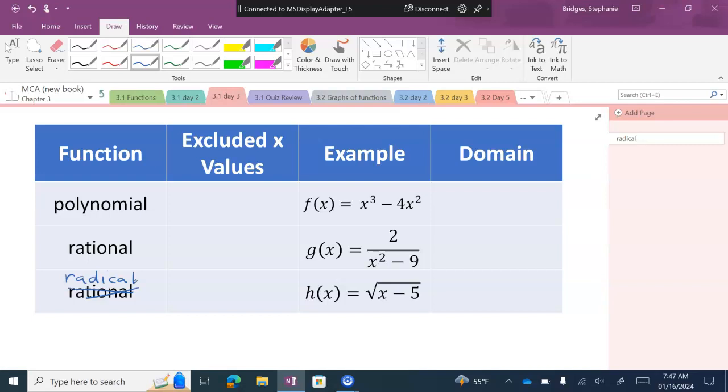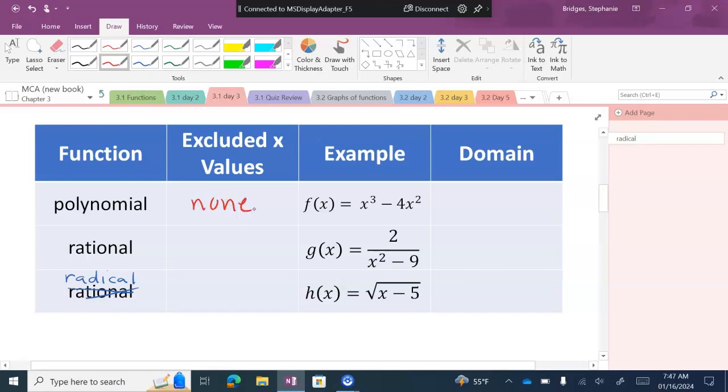Do I have a fraction there? No. Do I have a radical there? No. So what that means is if there is no fraction for me to get zero in the denominator, or if there is no radical for me to get a negative number under it, then there are no restrictions to my domain. Okay, no excluded values.